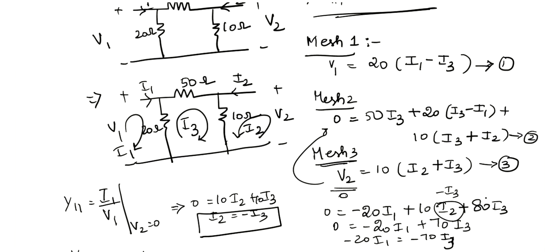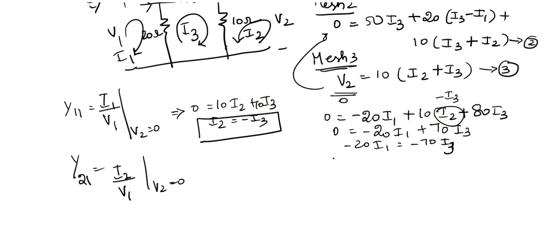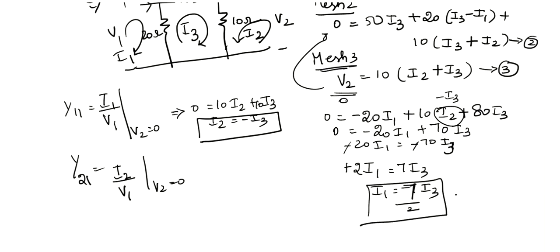Then I1 will be equal to, minus minus cancel and the zeros cancel. So it becomes 2 I1 will be equal to 7 I3. I1 will be equal to 7 I3 by 2. This is one equation. Or else you can write I3 will be equal to 2 I1 by 7.